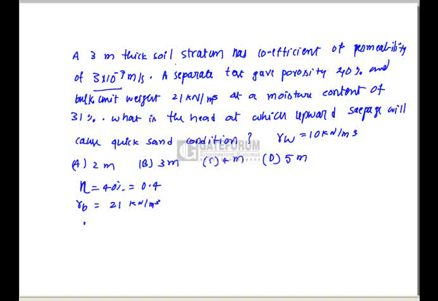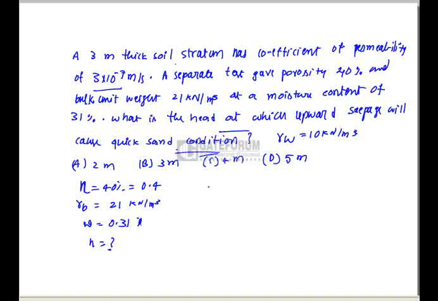The water content is given as 0.31. And what is the head at which upward seepage will cause quicksand condition? We have to find out the head at which this condition is going to be satisfied.